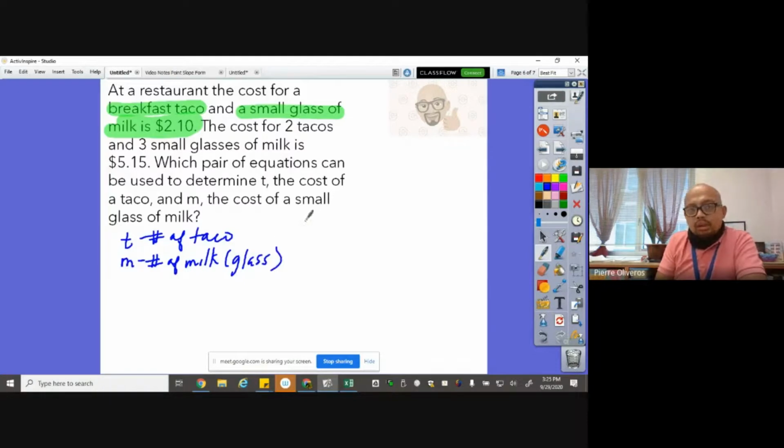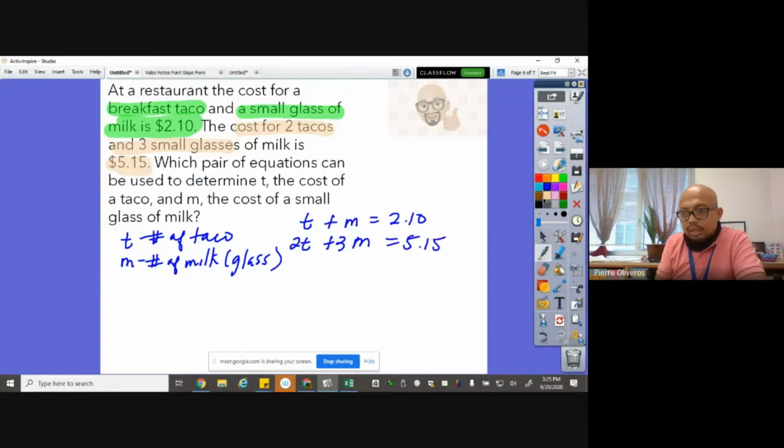So the first scenario gives us a taco plus a milk is equal to $2.10, because when you add them, it will give you $2.10. Okay. While the second scenario here, the cost of two tacos and three small glasses will be $5.15. So we know it will be two tacos plus three glasses of milk is equal to $5.15. Hold on, I forgot something here.